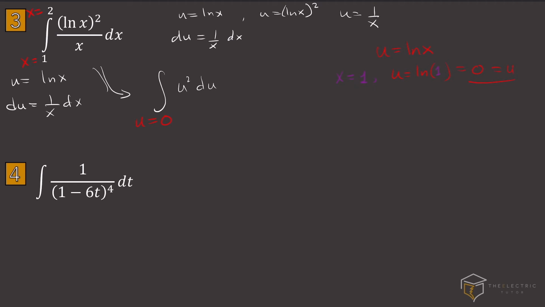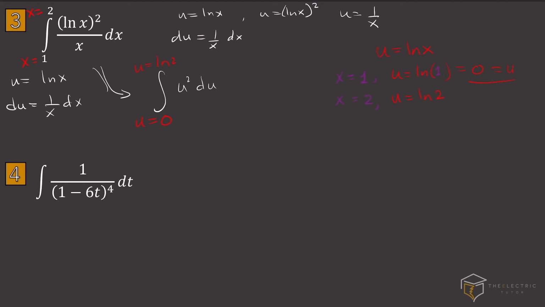What about x equals 2? I'm going to have u equals natural log of 2, which gives me a decimal number. I'm just going to leave it like that. Okay, so I could actually skip this step. What's going to happen is once I integrate with respect to u, I'm going to need to go back to the x world and then evaluate the result at x equals 1 and x equals 2.